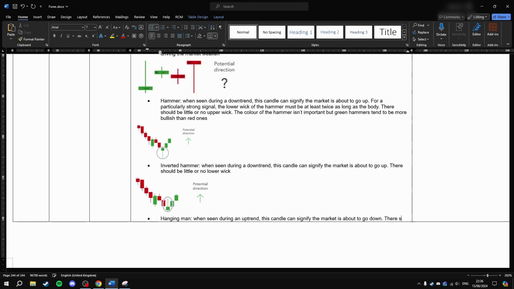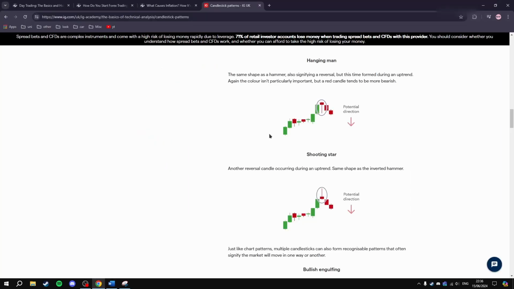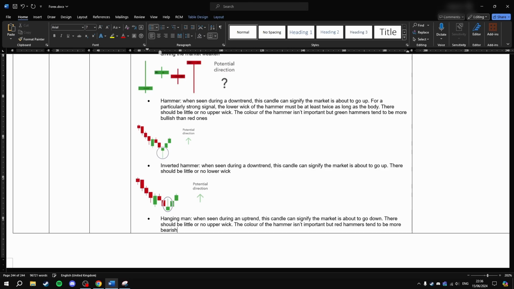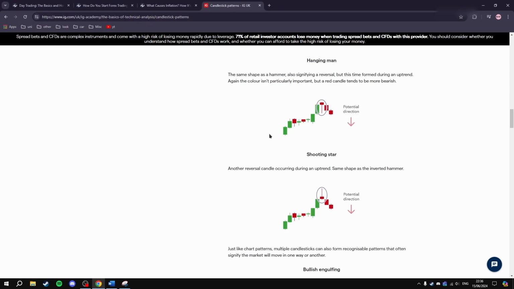There should be little or no upper wick. The colour of the hammer isn't important, but red hammers tend to be more bearish than green ones. Yep.